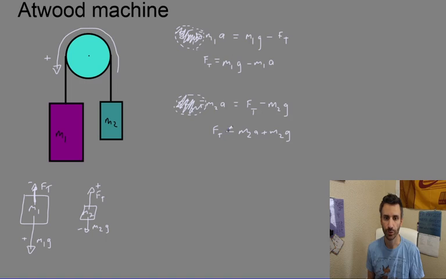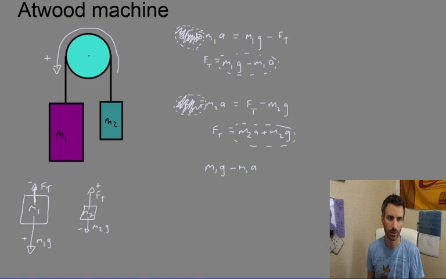Now that I have both equations set to the force of tension, I can now say this part here is equal to this part here. So I will just simply set them equal to each other and solve for a. So let's start with this. I'm going to rewrite it. m1g minus m1a.